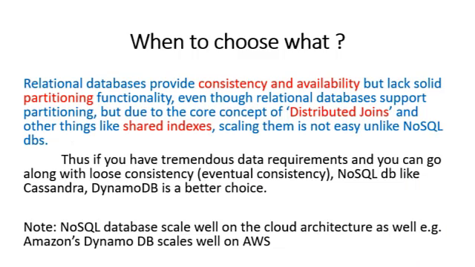Now I mentioned here that relational databases provide consistency and availability but lack partitioning because of distributed joins and shared indexes. These distributed joins are very slow, and updating shared indexes across distributed boxes is a very slow operation, so it doesn't scale very well on relational databases. NoSQL fixes these issues.